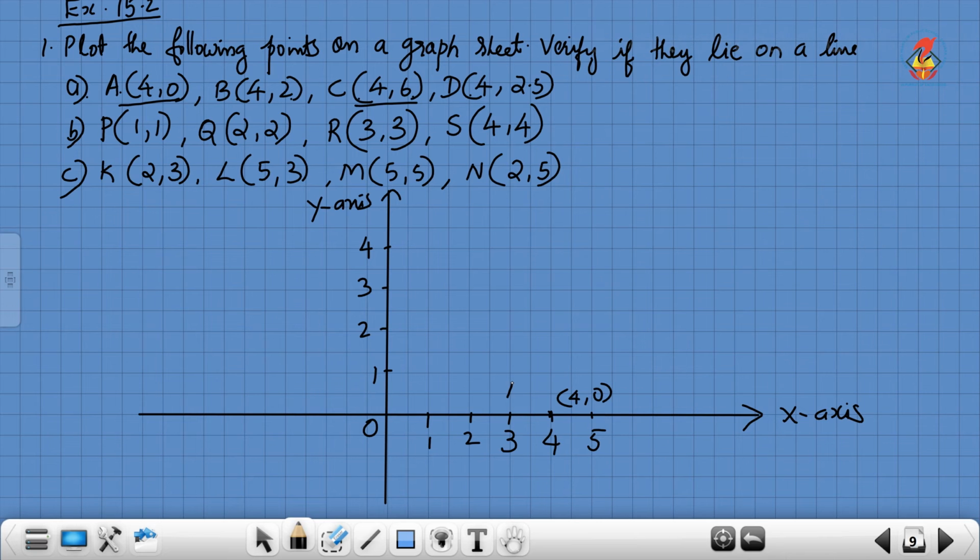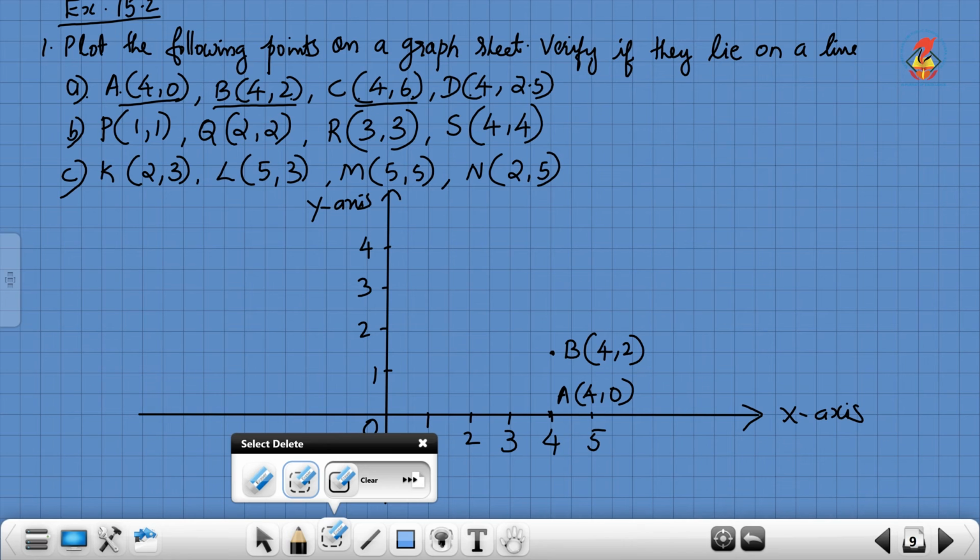This is A. A is (4, 0). Next B (4, 2). For B, you start from 4 and go 2 units upwards, this point. B is (4, 2). Next C (4, 6).